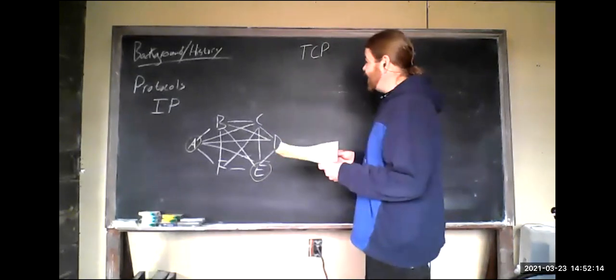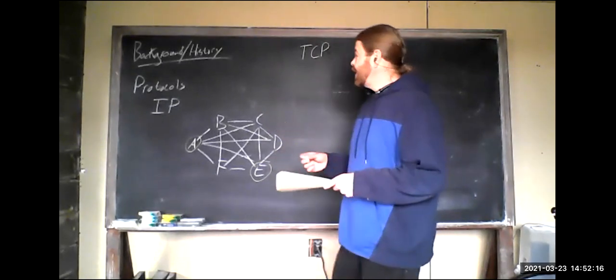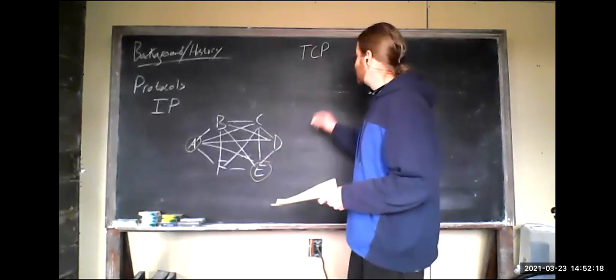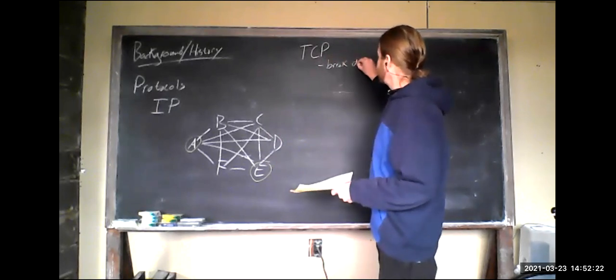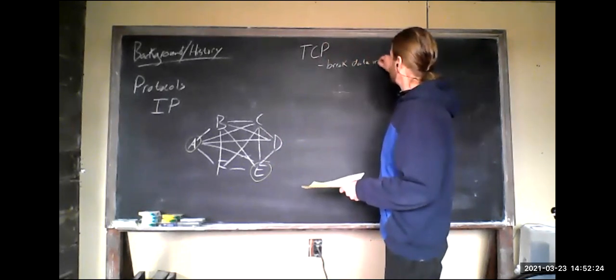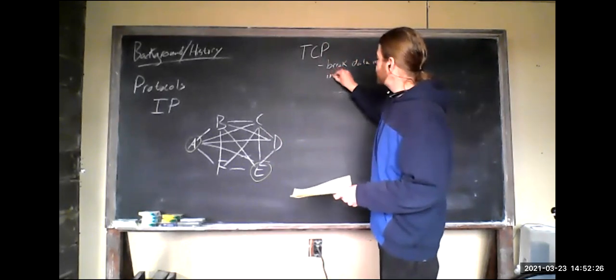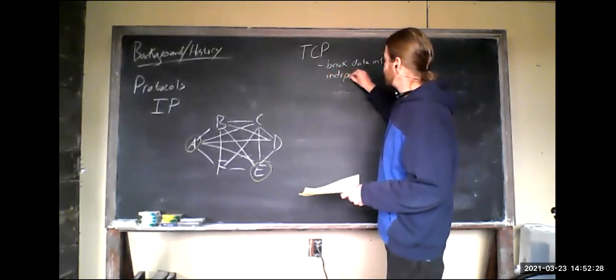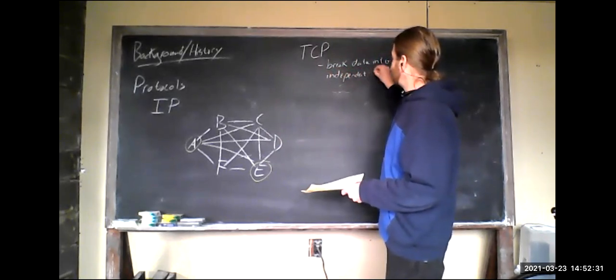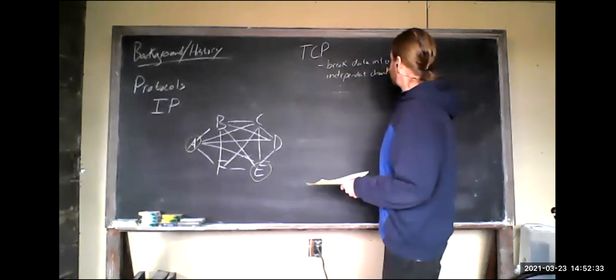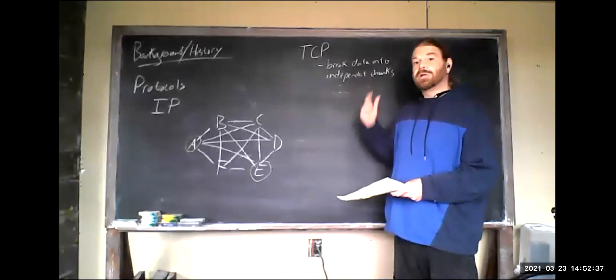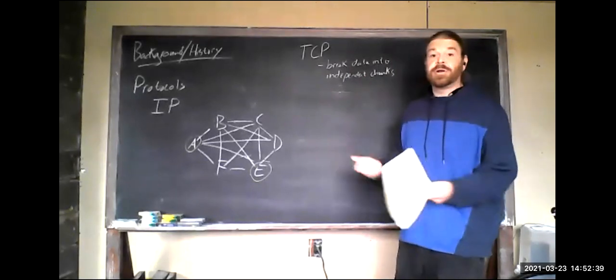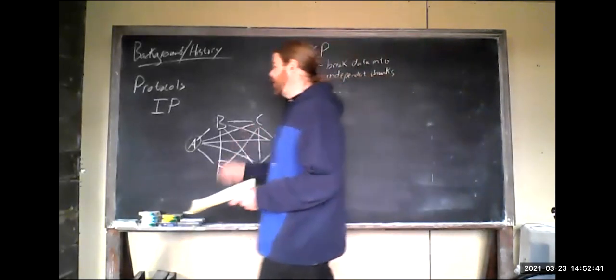And the idea of TCP is to break data into independent chunks. That way we have a bunch of small chunks of data instead of large communications trying to go down the line.